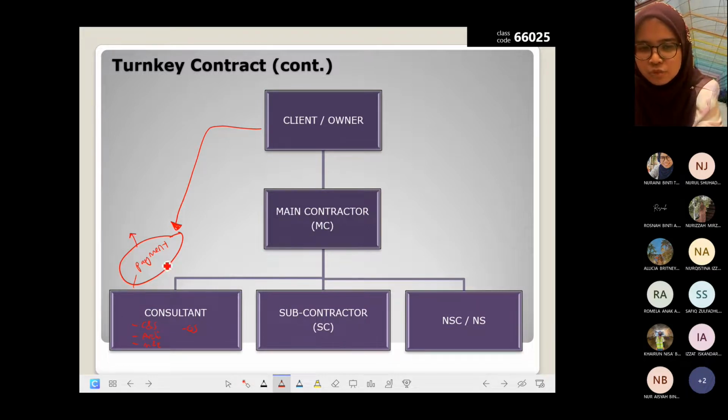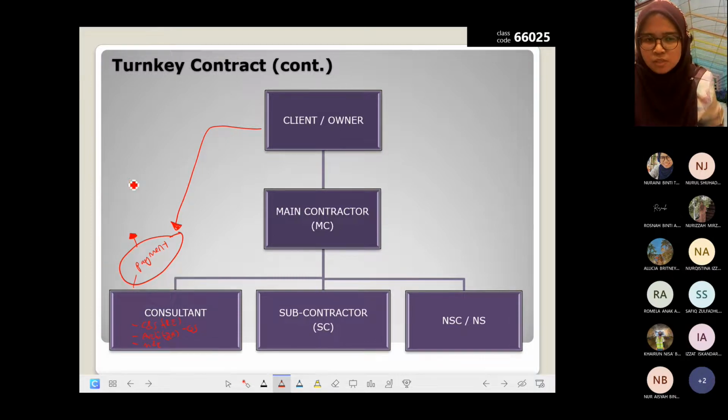Tapi dia akan jadi isu, contohnya macam quality kan, macam kita nak approve quality. So consultant, you ada RE, engineer, architect, you ada resident architect lah. Okay, so ada you ada RE.